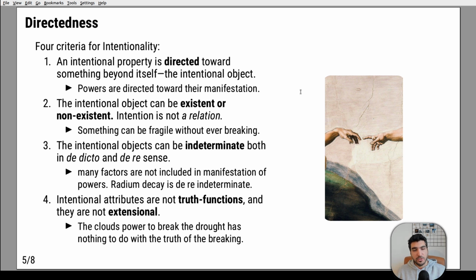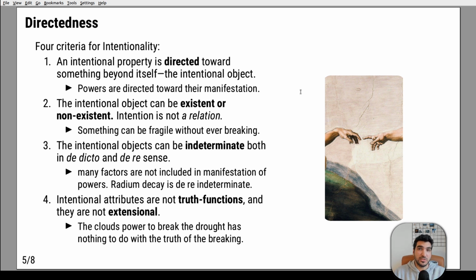And they're also not extensional, in the same sense that if I tell you that this specific material has the power to turn this paper red, it does not mean that this material has the power to turn this paper into the color of the traffic lights that causes people to stop.